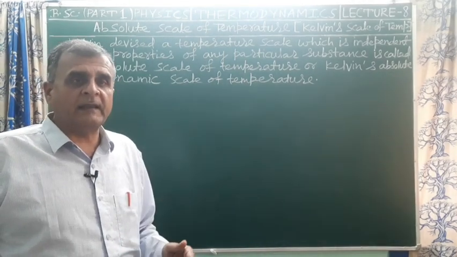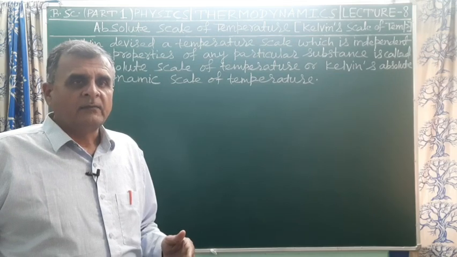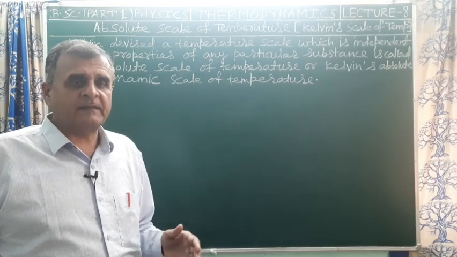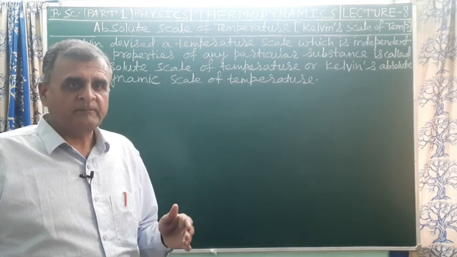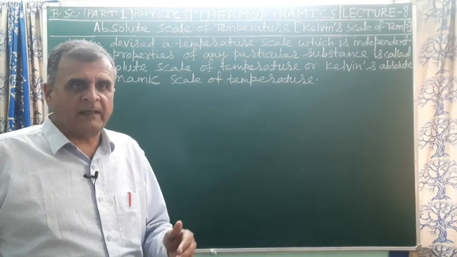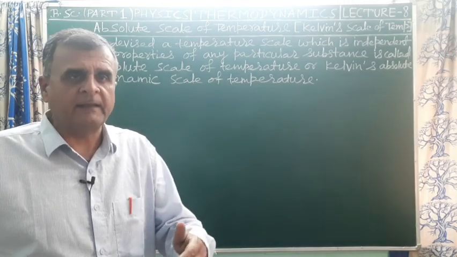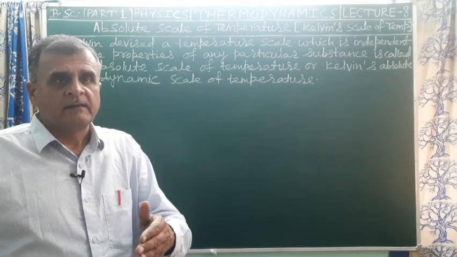Let Q1 be the heat absorbed by the working substance or gas of the reversible heat engine at temperature θ1, while Q2 be the amount of heat rejected to the sink at temperature θ2.